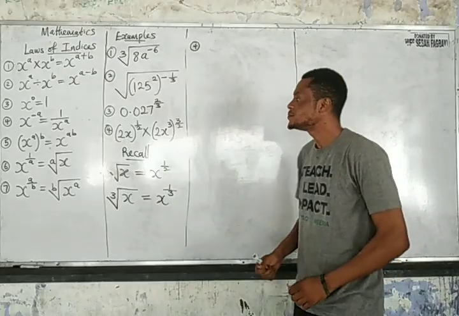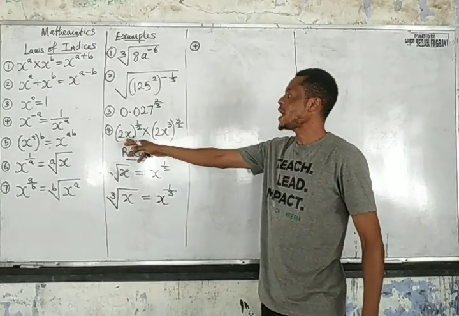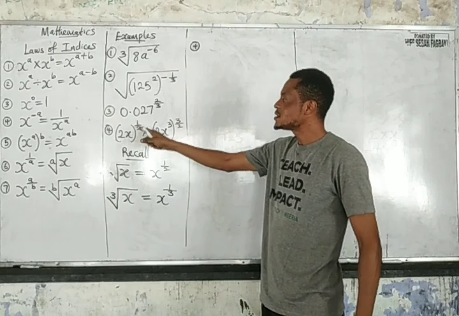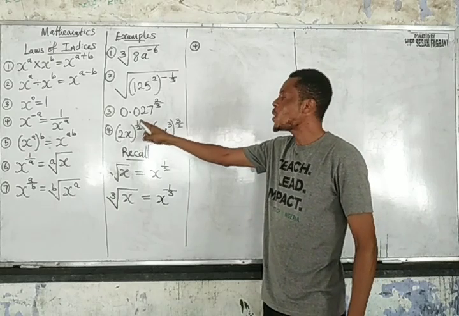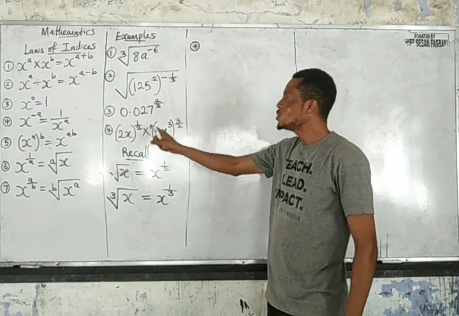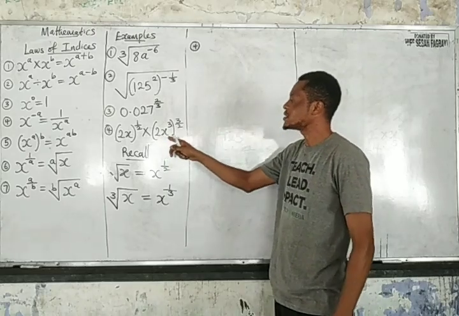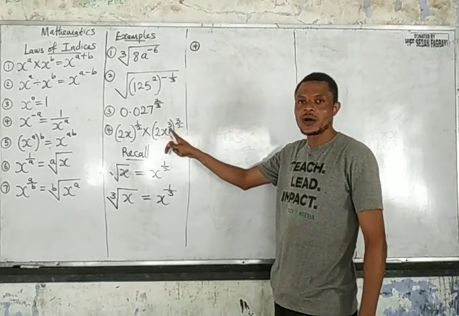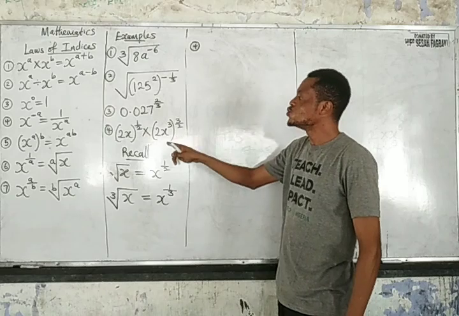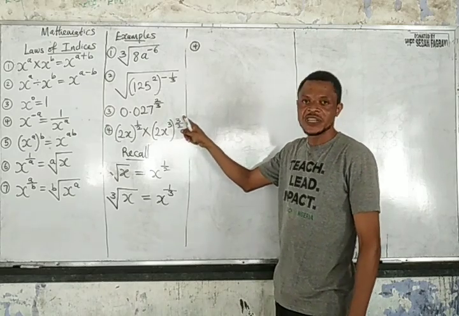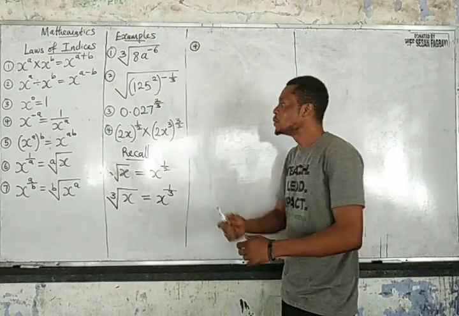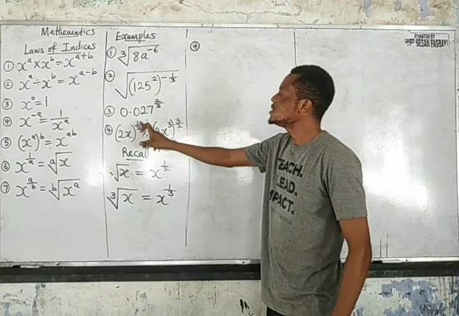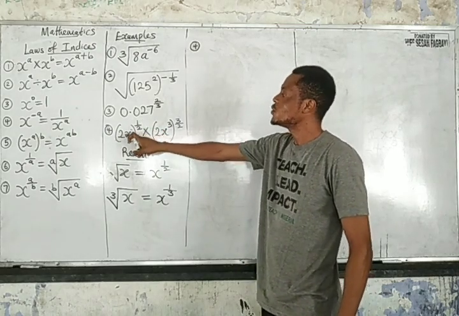Fourth example. Here we have 2x in brackets raised to the power of 1 all over 2, which we shall multiply by 2x, which is already raised to the power of 3 all over 2. So we proceed by applying the power of 1 all over 2 to this 2.